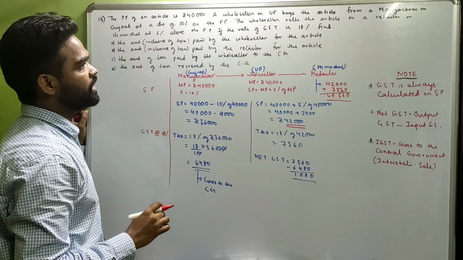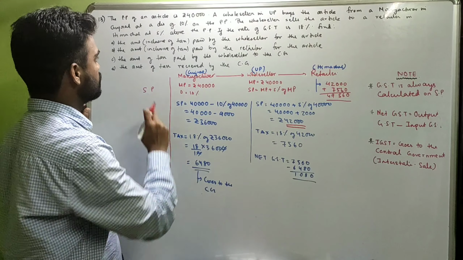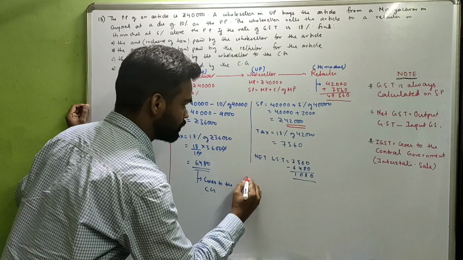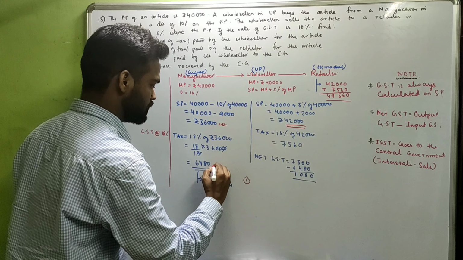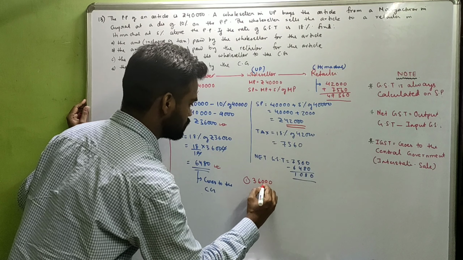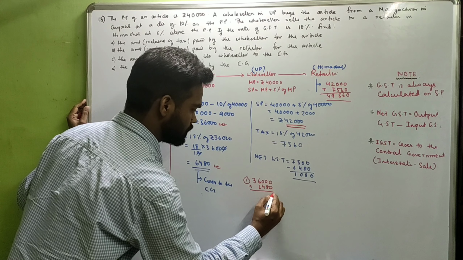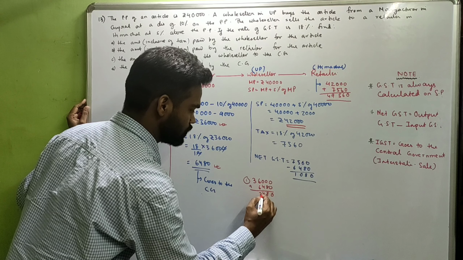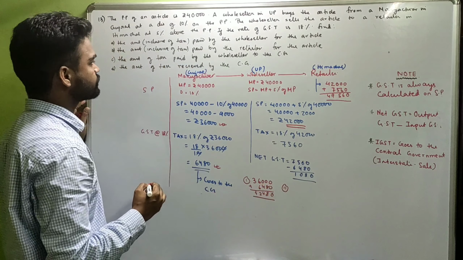The amount paid by the wholesaler for the article inclusive of tax. So first one, the wholesaler will pay this plus this, isn't it? 36,000 plus 6480, this much. Am I clear?